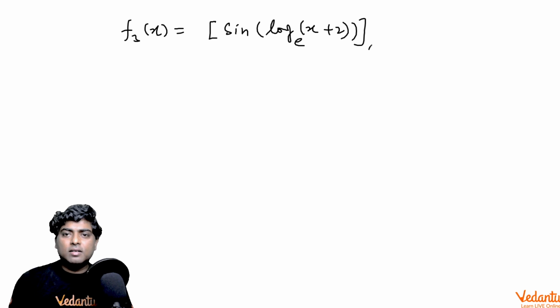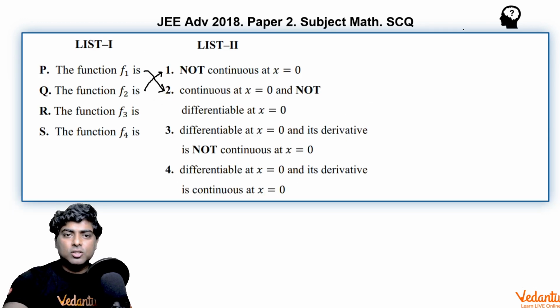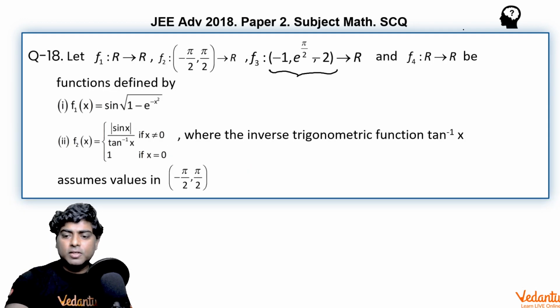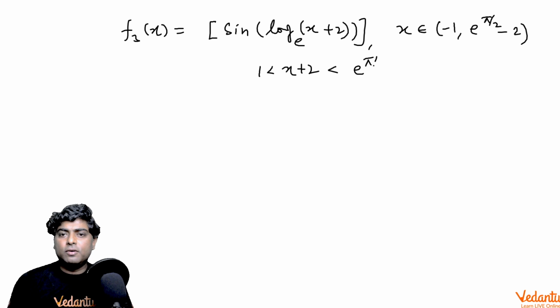So f3(x) is basically what I've said, greatest integer of sine of log of x plus 2 to the base e, and x is given from minus 1 to e raised power pi by 2 minus 2. In this interval, obviously x plus 2 would lie between 1 and e raised power pi by 2.